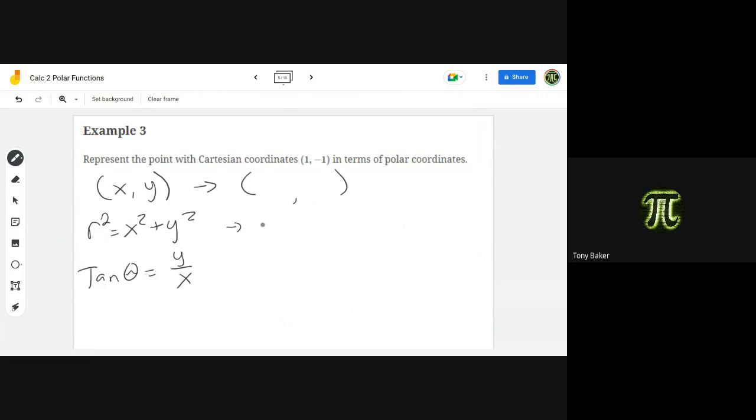So I have r squared equals 1 squared plus negative 1 squared, so I get 2. So r is going to be the square root of 2.